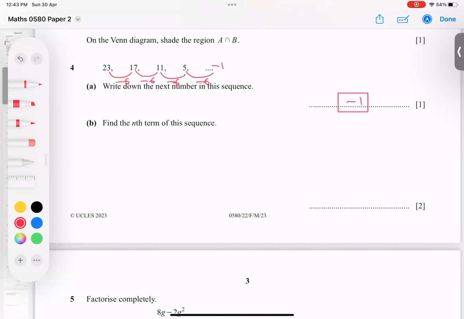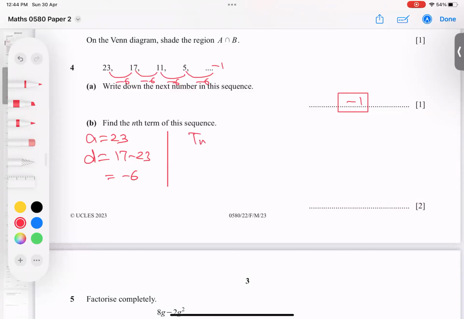All right. So let's follow the other question, the nth term. What is the first term, students? First term is 23. For the common difference, you get second term minus first term, you got -6, or third term minus second term, or the fourth minus the third, we get the same. So what is the formula?